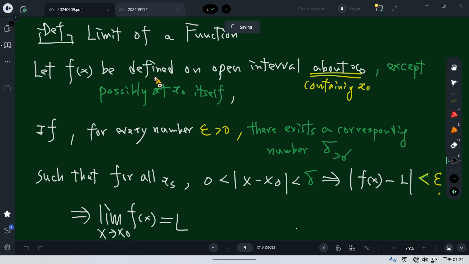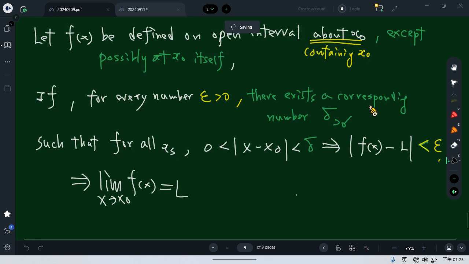But based on this definition, it just requests f(x) should be defined on this open interval, possibly including x0 or not including x0. For the other points, f must be defined except for x0 itself.